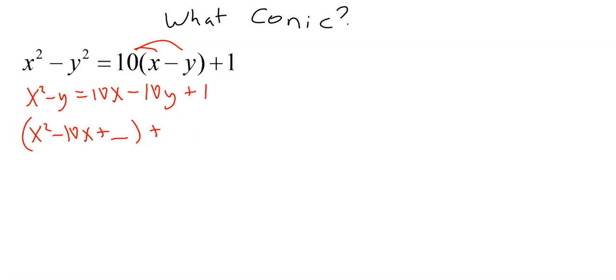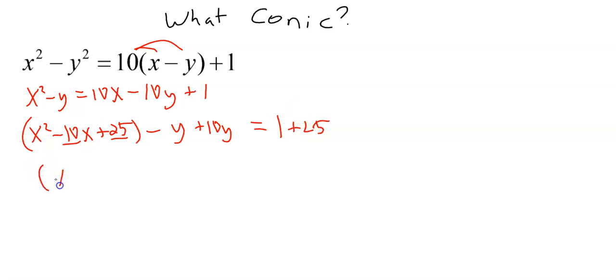Plus, this is where it gets a little dicey here. So we're going to do this in 2 steps. So minus y squared plus 10y equals 1. So this one, I'm going to have to add, let's see, half of that number squared, half of that is 5. 5 squared is 25, so I'm going to add 25.